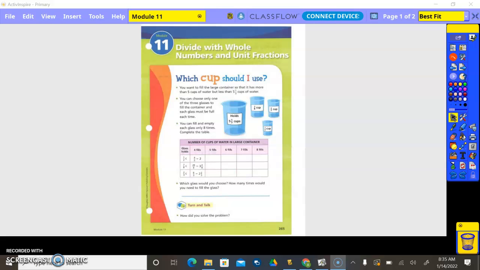Complete the table. So the first glass holds half of a cup. So if they fill it 4 times, that would be 4 times 1/2, which gets you 4 halves. And then they said that's 2. So 5 times 1/2 would be what? 5 halves, which equals what?